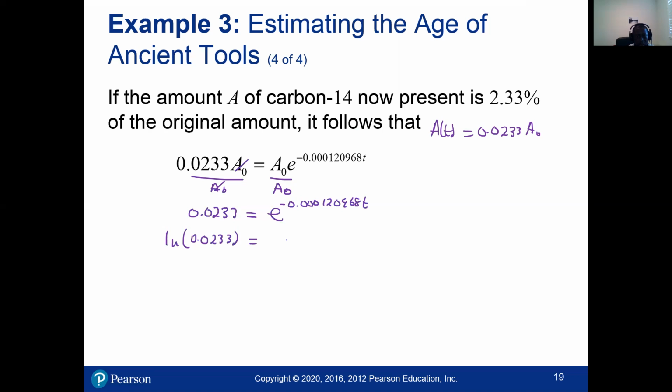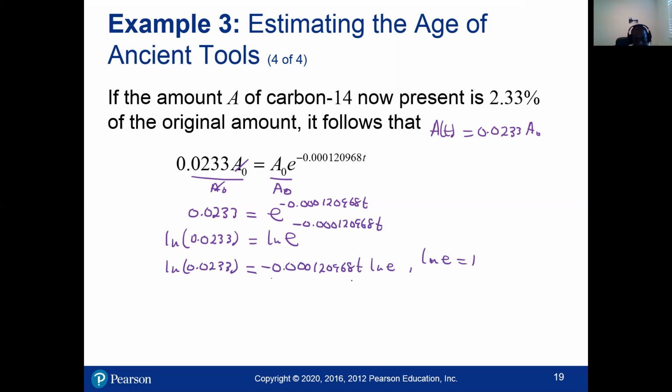Using the properties, the right-hand side becomes negative 0.000120968T times the natural log of e. Again, the natural log of e is equal to 1. So you have the natural log of 0.0233 equal to that.